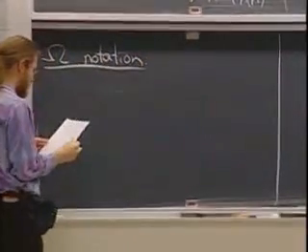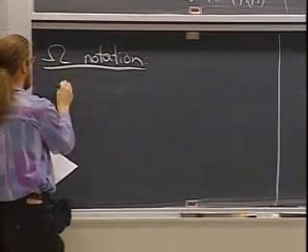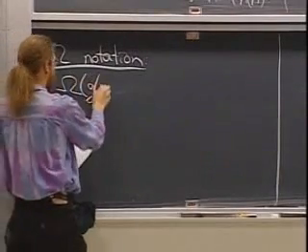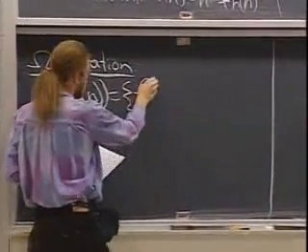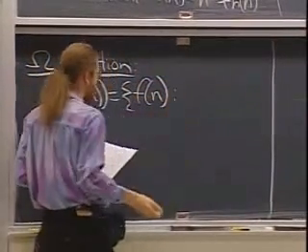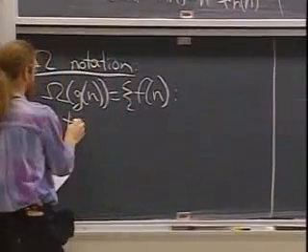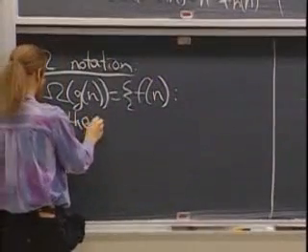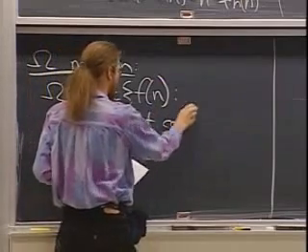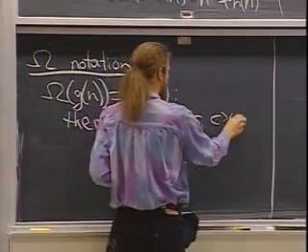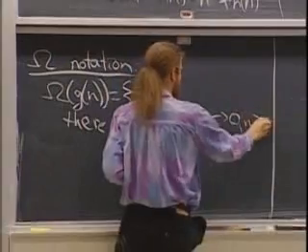And it's pretty symmetric. I'll just write out the set definition here. And we're going to write f of n is big omega of g of n to mean f of n is at least some constant times g of n, for sufficiently large n.